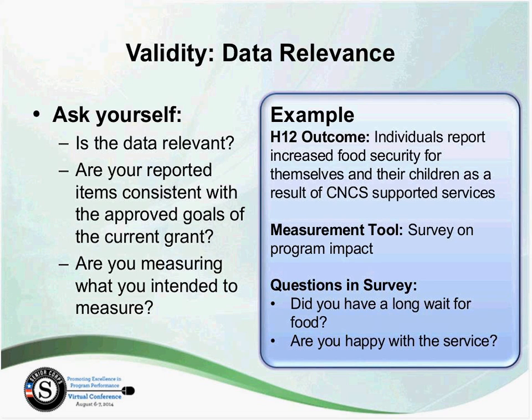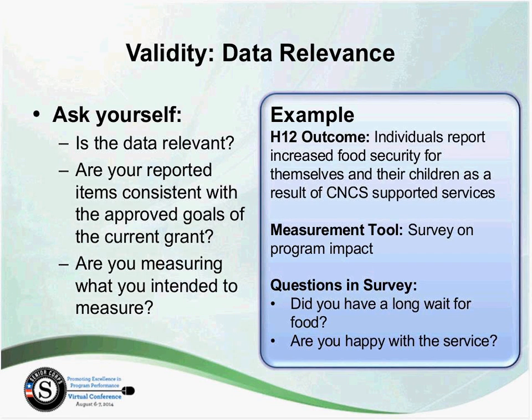Are reported items consistent with the approved goals of the current grant or program? Are you measuring what you intended to measure? Alignment to the approved performance measure is an underlying expectation behind data quality. In other words, are all of the things the award recipient said they would report against reflected in their reporting?